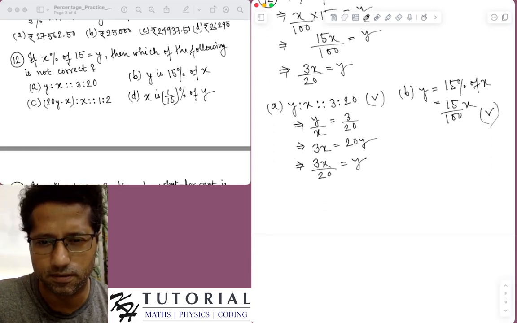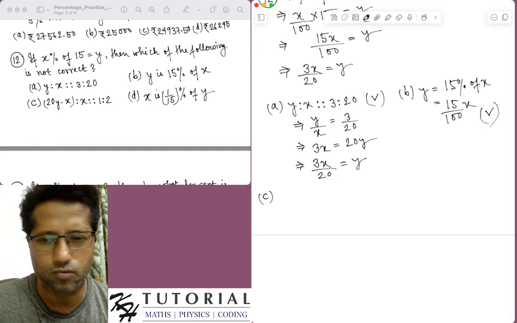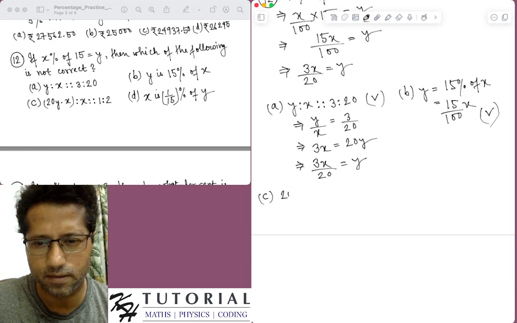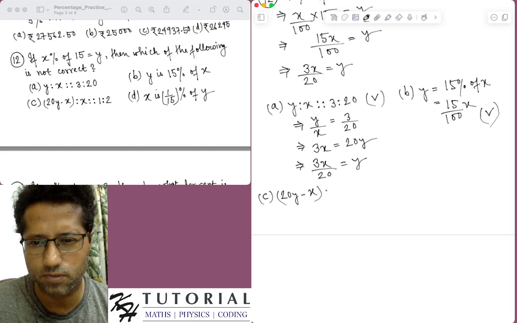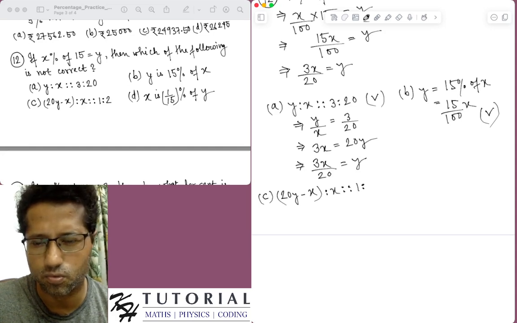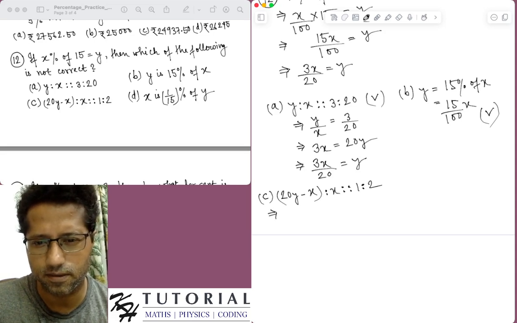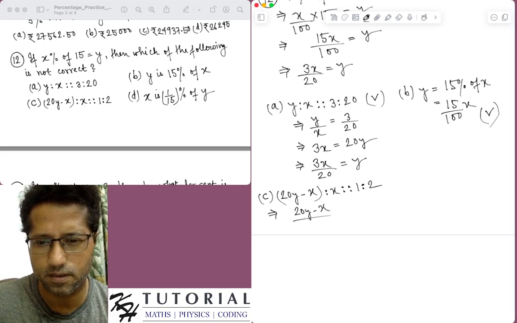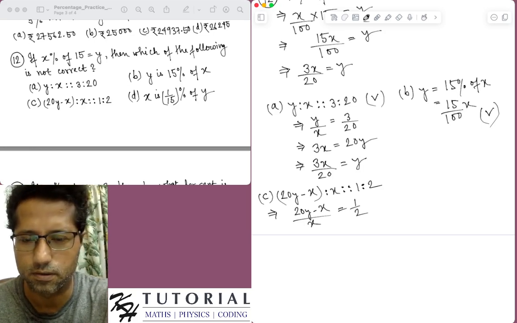Let's see what is C. C is saying that 20Y minus X is to X is in proportion with 1:2. This implies 20Y minus X divided by X equals 1/2. We have to check if this is correct or not.